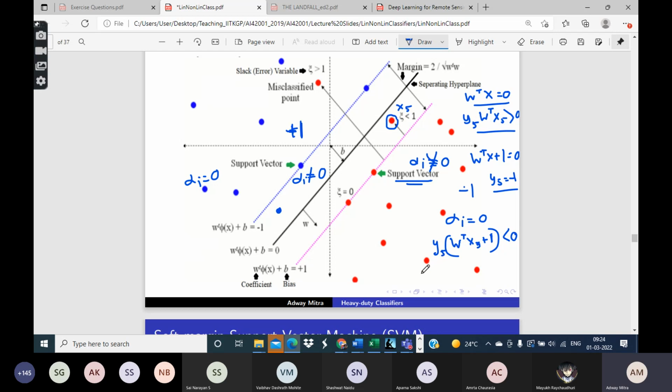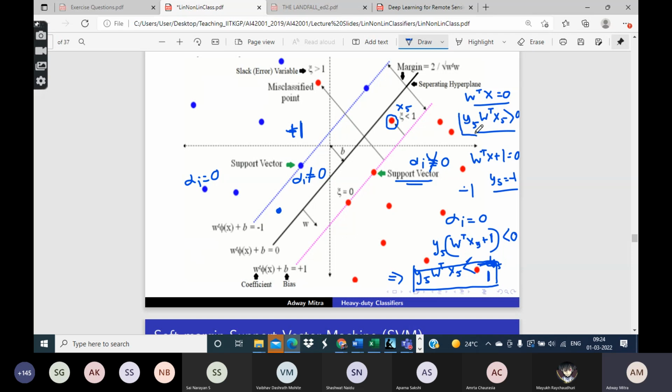Okay, so that basically means Y5 times W transpose X5 is less than minus Y5. But Y5 is -1, so minus Y5 is 1. So it is basically saying that Y5 times W transpose X5 is less than 1. It is greater than 0, but it is less than 1.